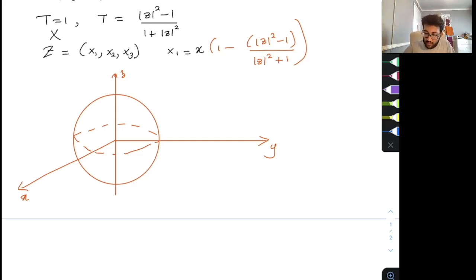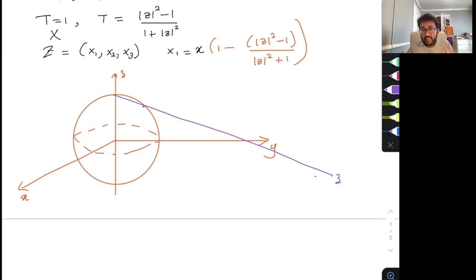What will happen if your points lie very far? Let's say z is somewhere here, then you are intersecting the unit sphere at a point that is very close to the north pole.